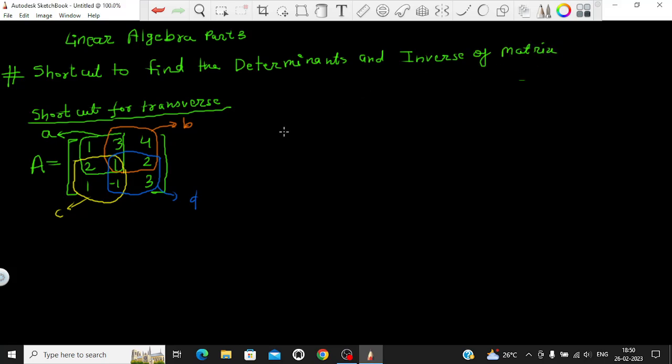So if you want to get the inverse of A, then you will just write 1 divided by determinant of A, and take this matrix and convert it into 4 quadrants like this.